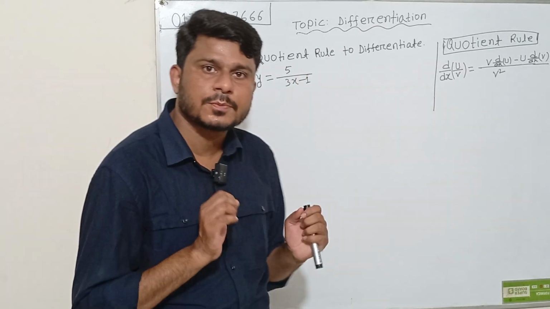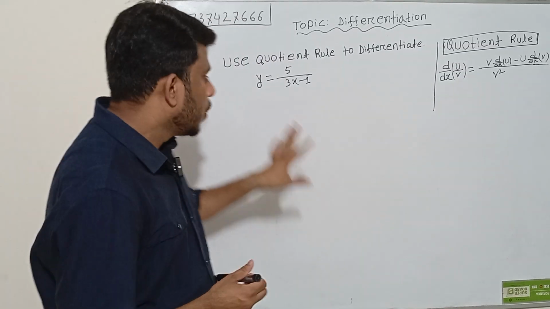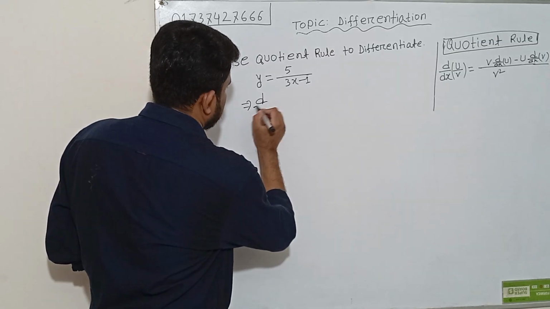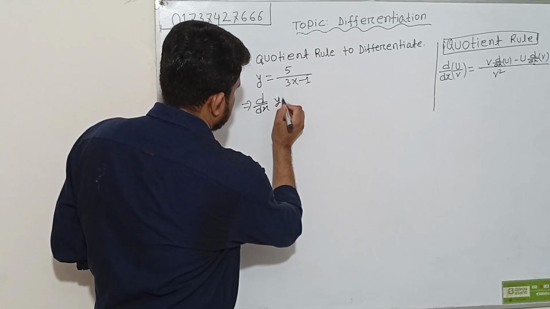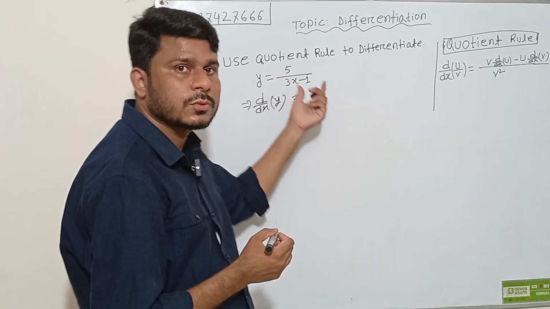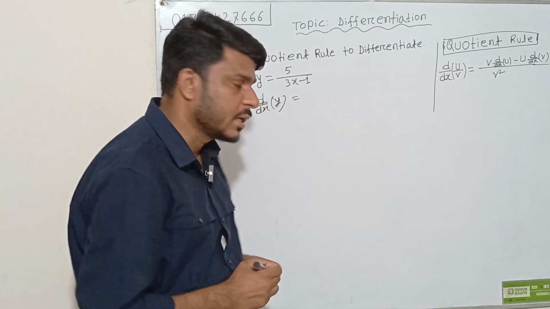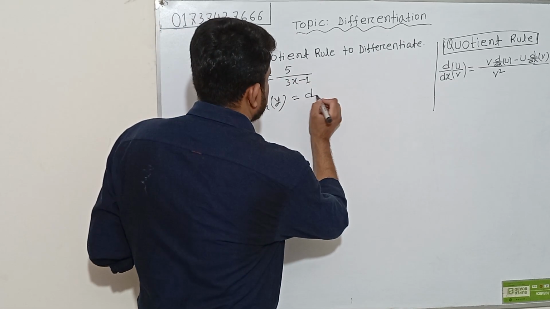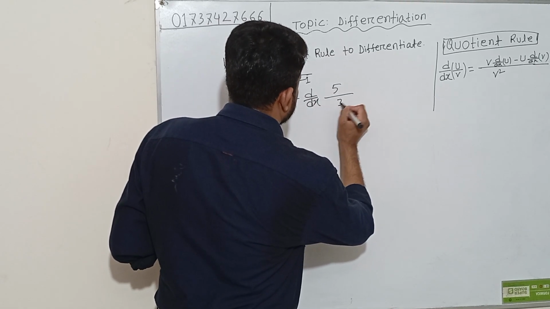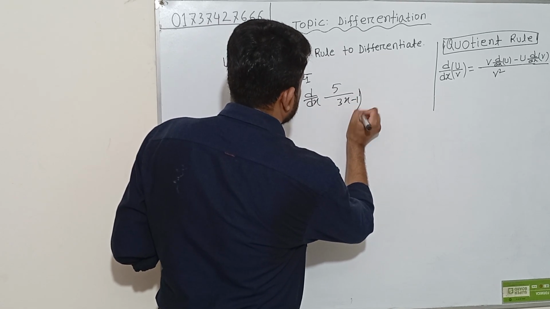First of all, we have to take d/dx on both sides, since we are going to differentiate these things with respect to x. So d/dx of 3x minus 1.